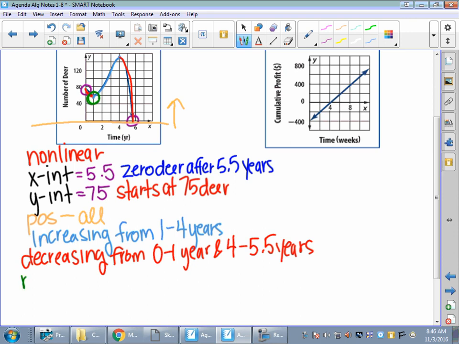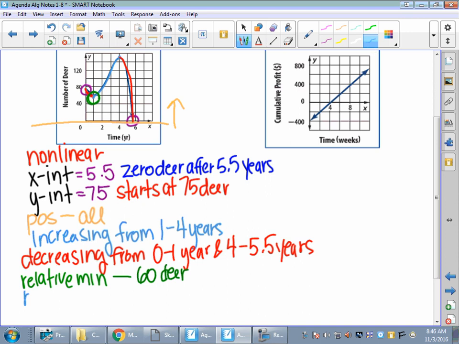Low, right? So relative minimum, or min. And the y value, when I hit that lowest point, I know it's at 1 year, but how many deer were there? Looks to be about 60 deer. And then the population started increasing.